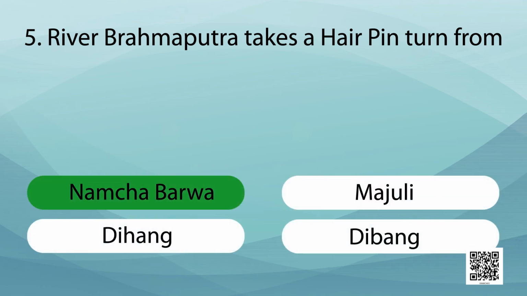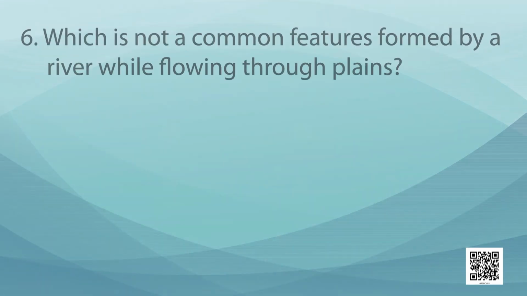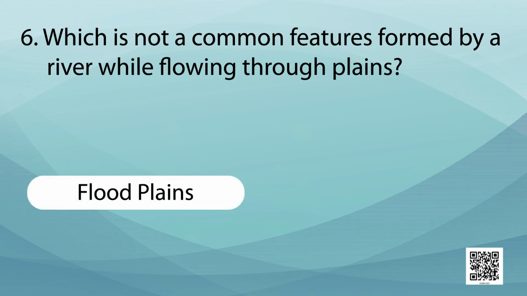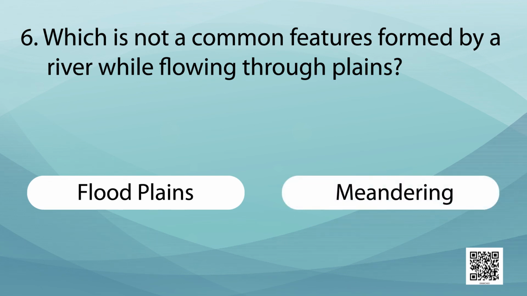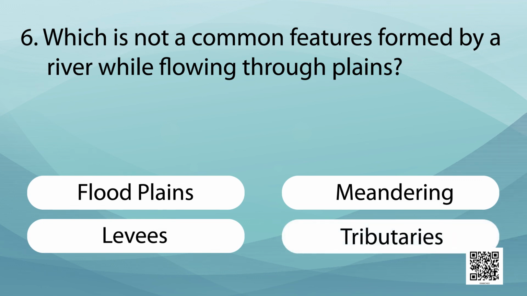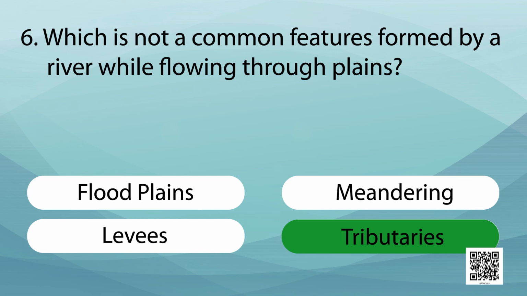It is Namcha Barwa. My last question to you is, which is not a common feature formed by a river while flowing through plains? Floodplains, meandering, levees, or the tributaries. It is the tributaries. The tributaries are not a common feature formed by a river while flowing through the plains.